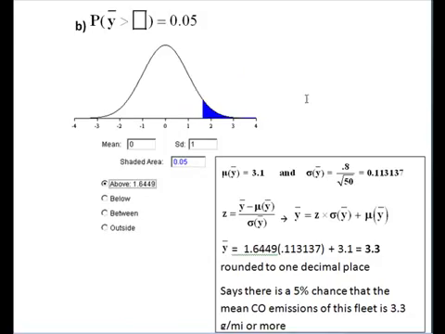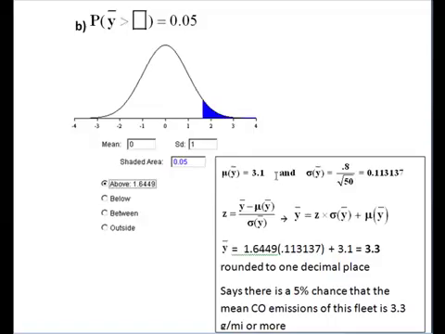Part B. Find the sample mean so that the chance that the sample mean exceeds this value is only 5%. Now we're going to be using the online calculator at the bottom of the screen.